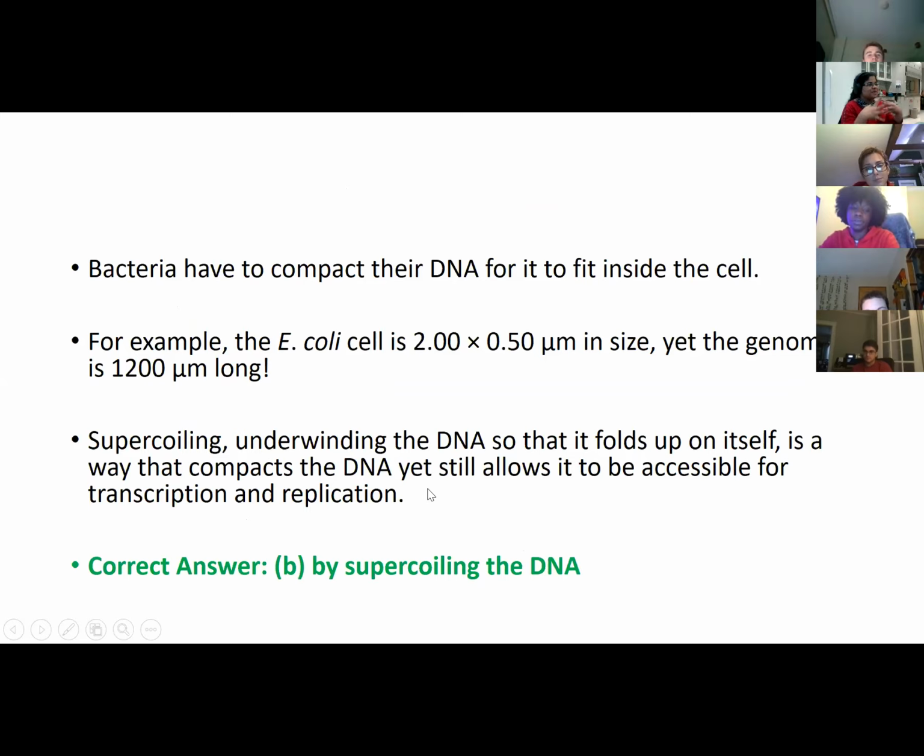It's just making it more compact, coiling it up, to make that big size of DNA fit into that tiny little cell by supercoiling and making it more compact. Does that make sense? Any questions, concerns? Okay.